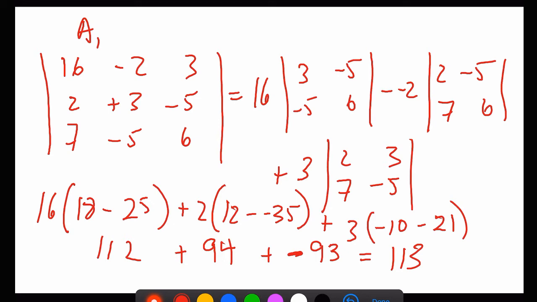What did I do wrong? Oh! All right, 12, 35 is 47. 2, 10, 21, 18, 25.